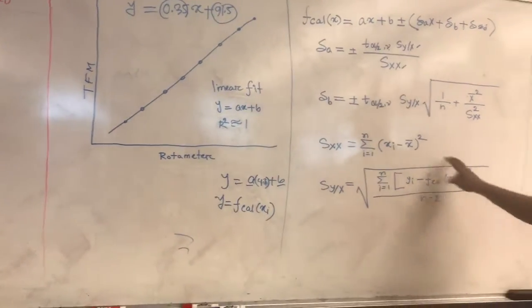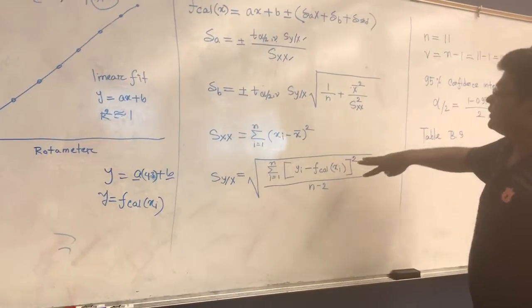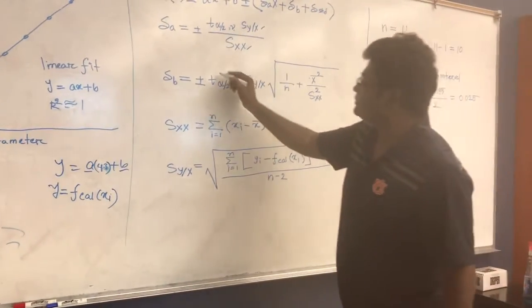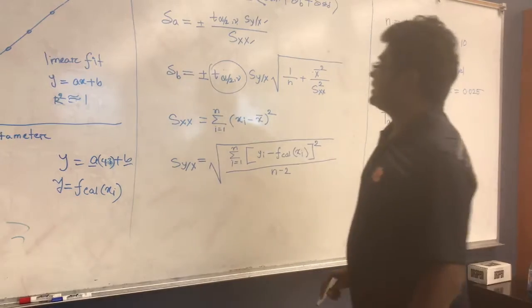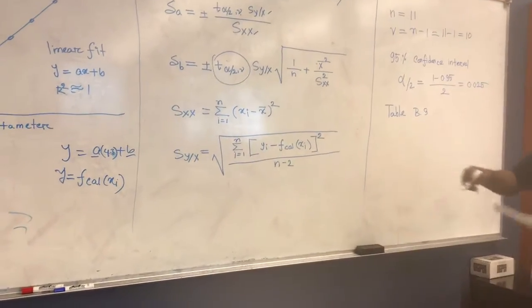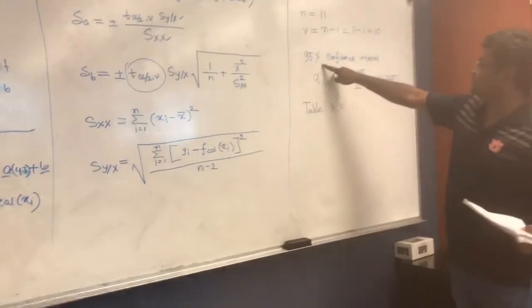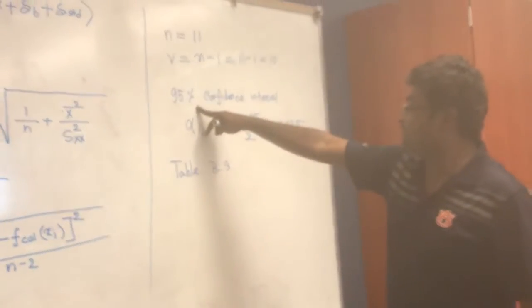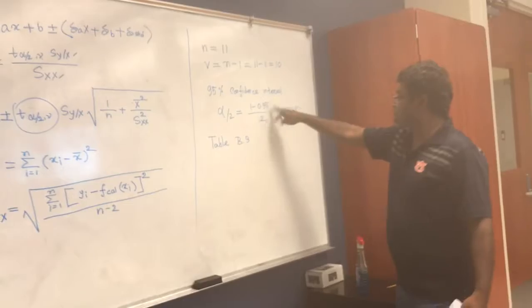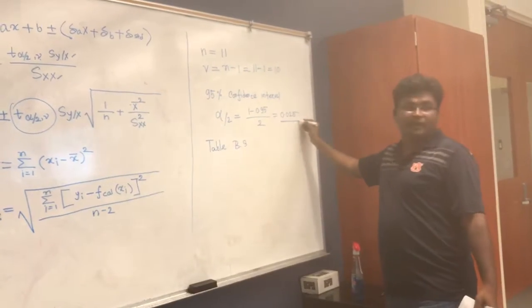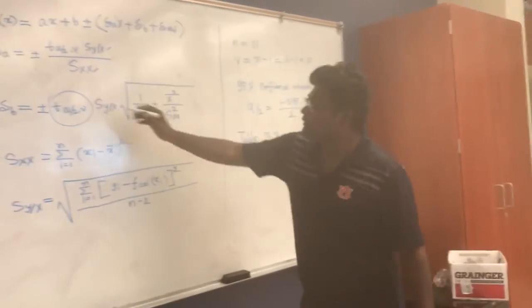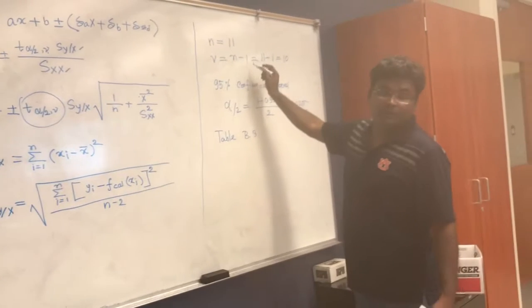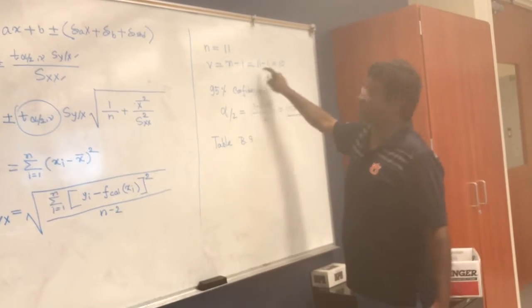Now we know these things, so we only need to know this term, t alpha by 2, v. It's given like a 95% confidence interval. I don't know what it is actually. So for that, alpha by 2 value, if you calculate, is 0.025, and we need the value of v, which is n minus 1, number of data minus 1, which is 10.